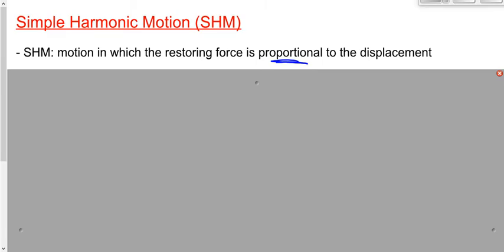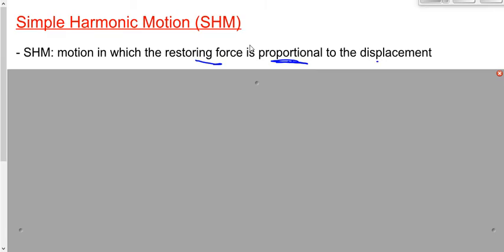Now, simple harmonic motion is defined as that motion in which the restoring force, whatever that is, is directly proportional to the displacement. In other words, as displacement goes up, then the restoring force goes up by an equal amount. They're not equal to each other, but they're related to each other in the sense that when one doubles, the other doubles as well.